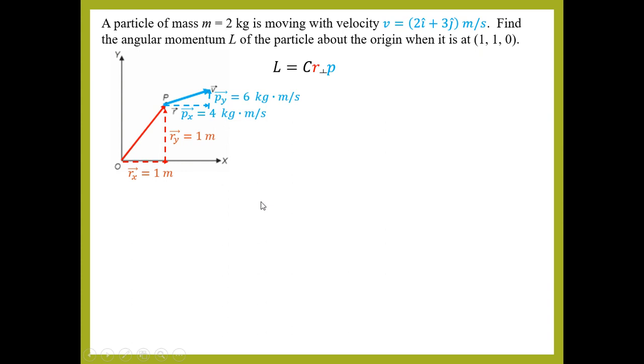And then, so hopefully when you do angular momentum, you think of cross product, and cross product to me just means perpendicular. So I kind of moved everything here for you to show you that if you just line things up, you need a P and an R that are perpendicular to each other. In this case, P is Py, so therefore you need a moment arm in the x direction.